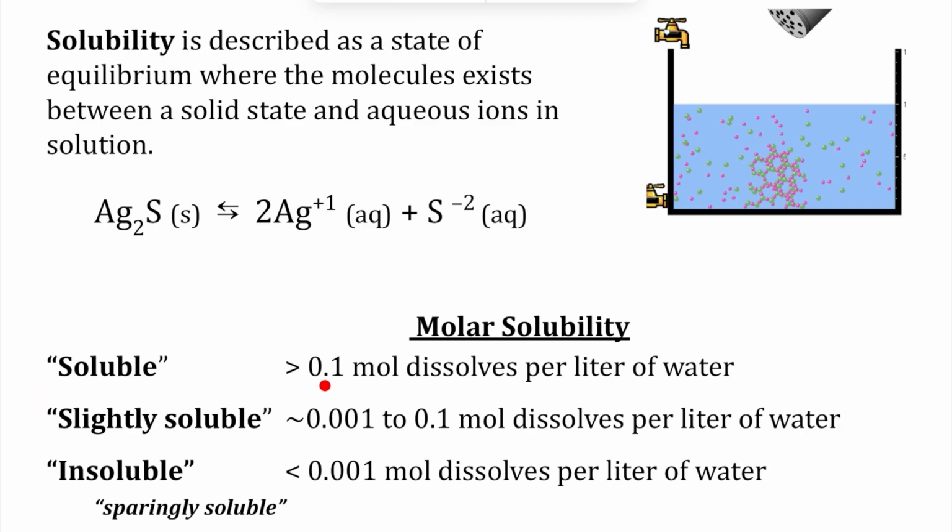You do not need to know these criteria, but you do need to understand that solubility is an equilibrium process. And if something dissolves, that doesn't mean that it all breaks up into ions. Some of it could stay solid based on these definitions.